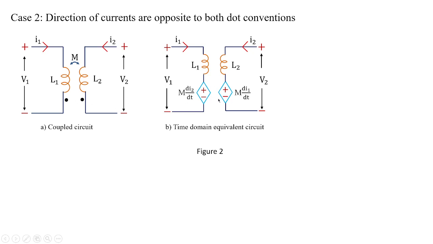So for the result, we follow that minus and minus of mathematics results in plus. So here also the mutually developed voltage in both cases will be positive.